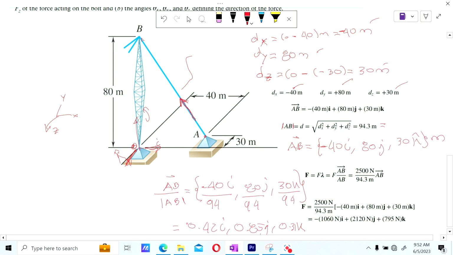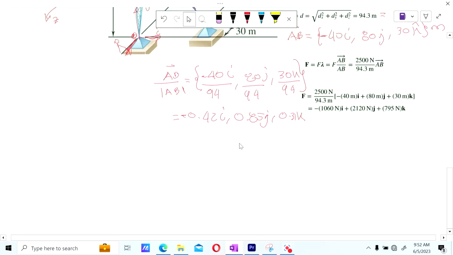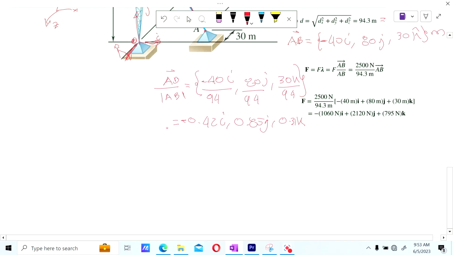But remember, this is negative. Okay, so our lambda, which is the unit vector, is negative 0.42 in i, positive 0.85 j, and negative 0.31 k.